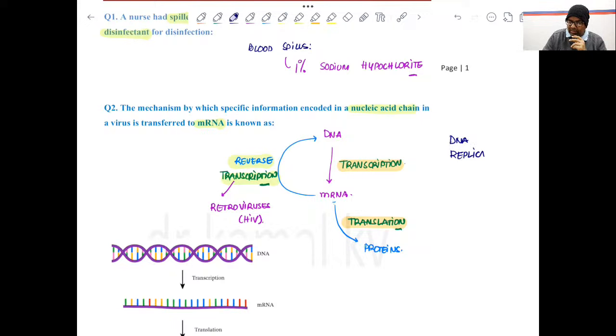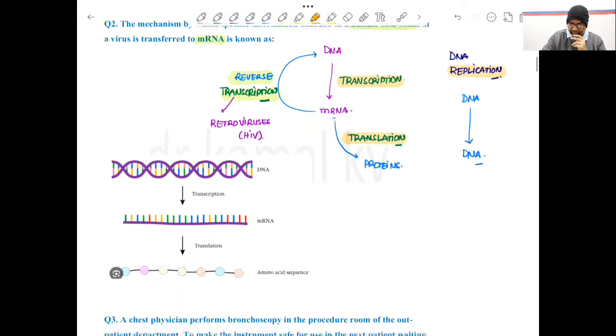Now replication means to make copies, right? So it means from one DNA there will be many copies of other DNA molecules. So that is known as replication. Clear? So this is replication. So these are few terms which you should know: transcription, reverse transcription, translation and replication.